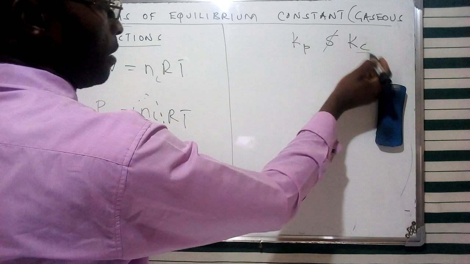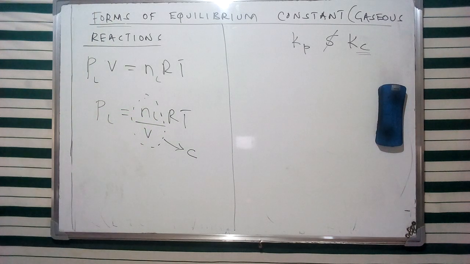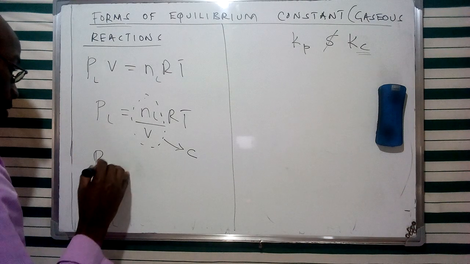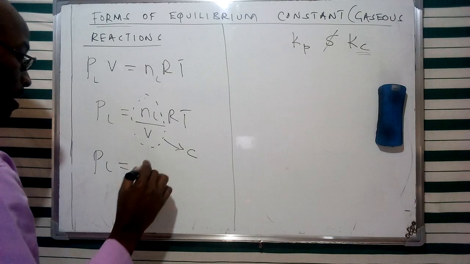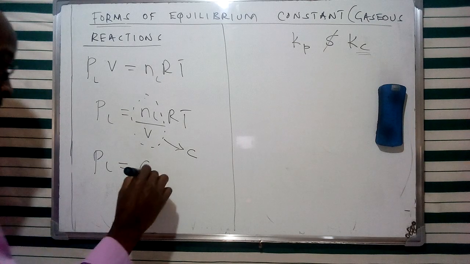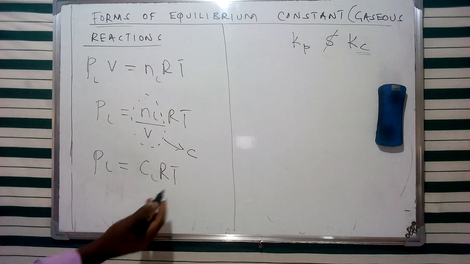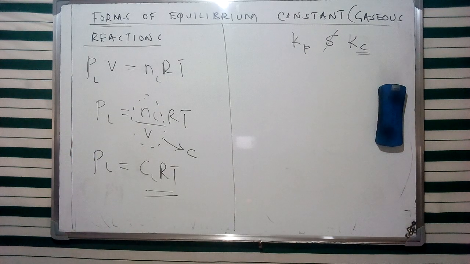And from the equation that we have given for the thermodynamic equilibrium constant in terms of molar concentration, we can derive an equation from this representation of pressure, having it as C_L RT. So from the ideal gas equation, this gives us the aspect of pressure.